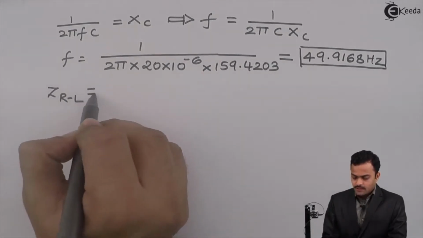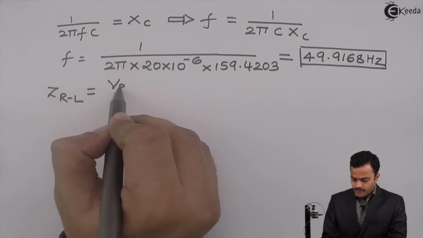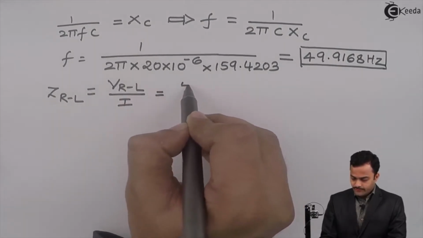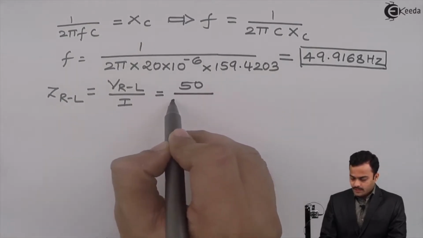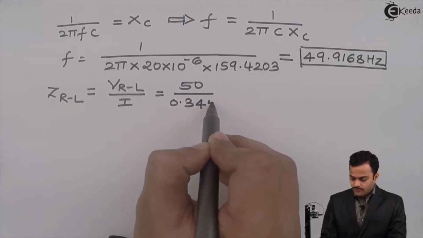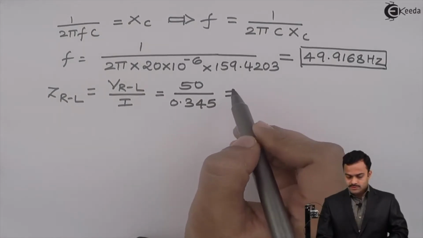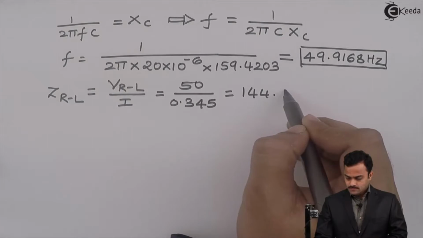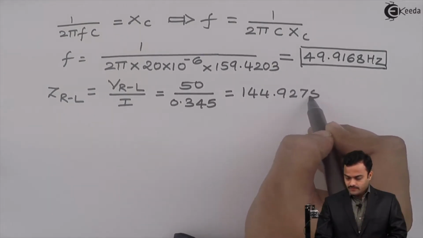ZRL equal to VRL divided by I. So it's 50 divided by 0.345. So this is equal to 144.9275 ohm.